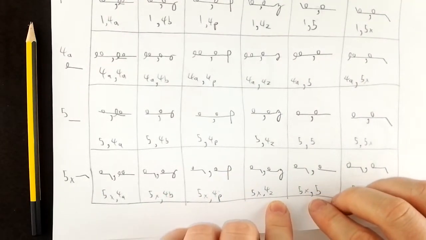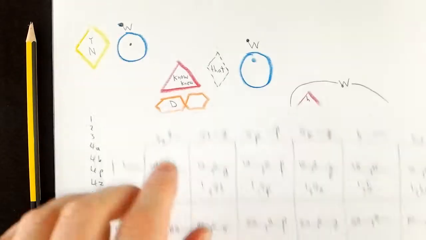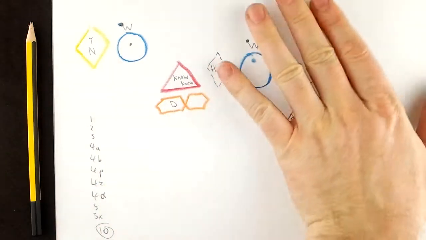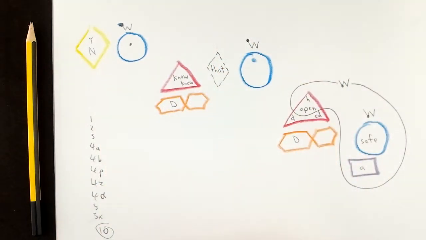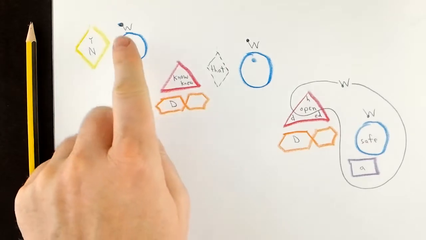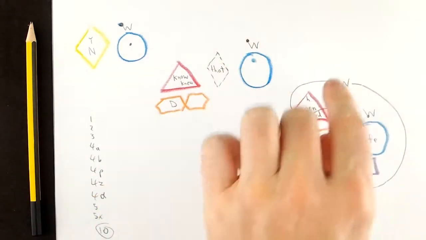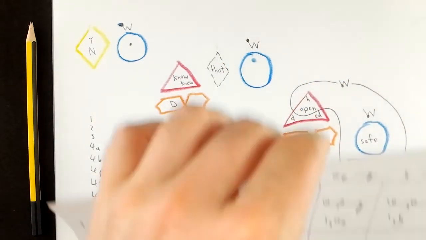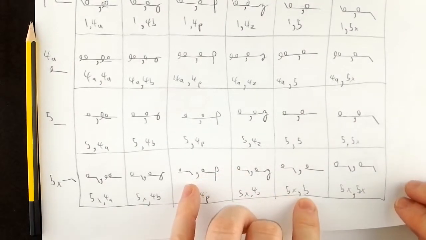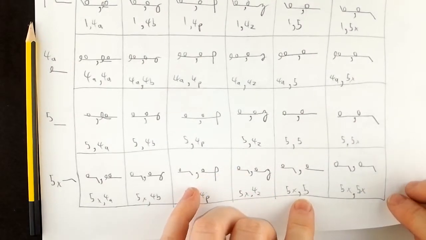Number 5X for Z. They didn't know what happened. Number 5X5. Almost done.